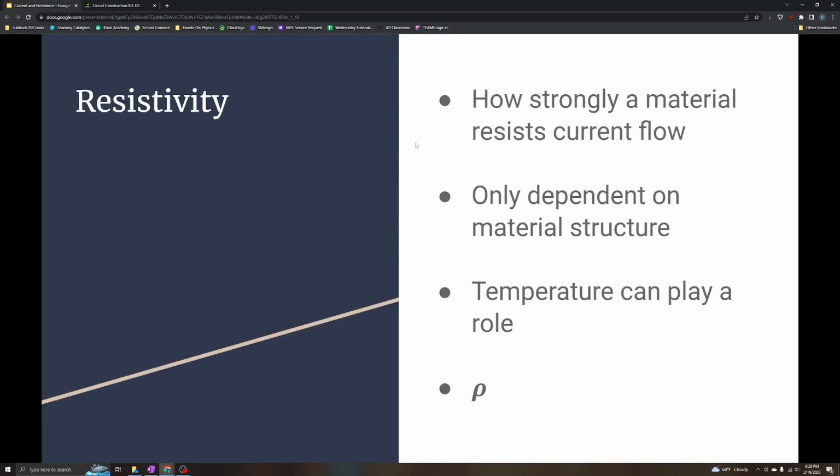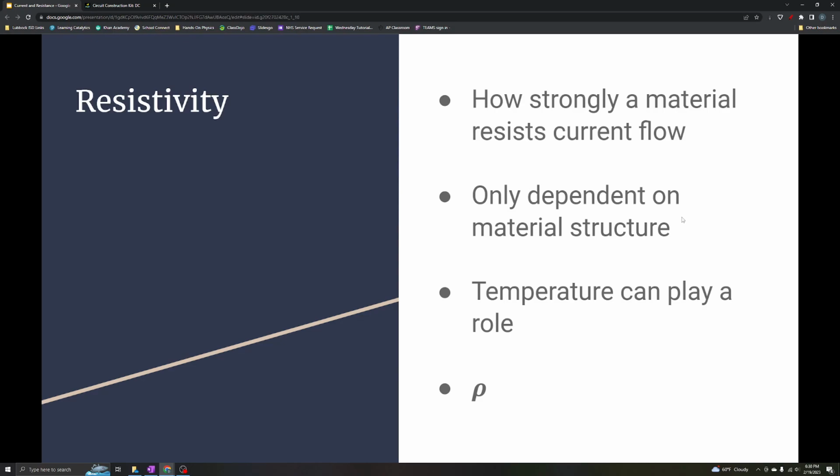Now, resistivity is a really important concept, and it's basically the concept that different materials are going to resist current flow differently. They all do a little bit. We will tend to idealize wires to say that wires have no resistance, but in general, everything is going to resist current just a little bit, and how much they resist depends on the construction of the material, and on the internal structure of the material in particular.